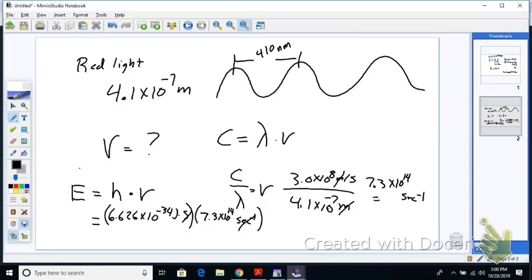Then we move it over, and it becomes 4.8 times 10 to the negative 19th joules. Is that what you guys got? Yeah. Okay. So if you have questions related to that, you should be able to plug those in and go through that process, because you'll be given some problems like that a little later to do.